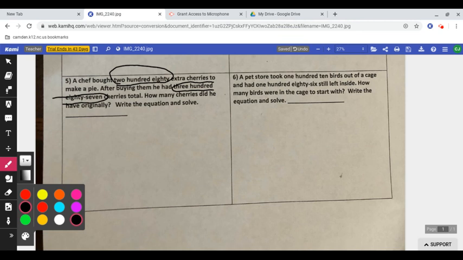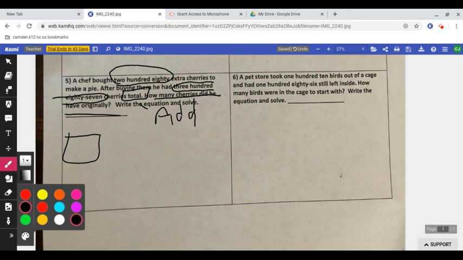Now we need to underline our question. How many cherries did he have originally? I need to box in my action word, which is total. Total says, hey, you need to add in your first equation. So box. I don't know how many cherries they had in the first place. That's what we're trying to figure out. That's why the box goes in the front.